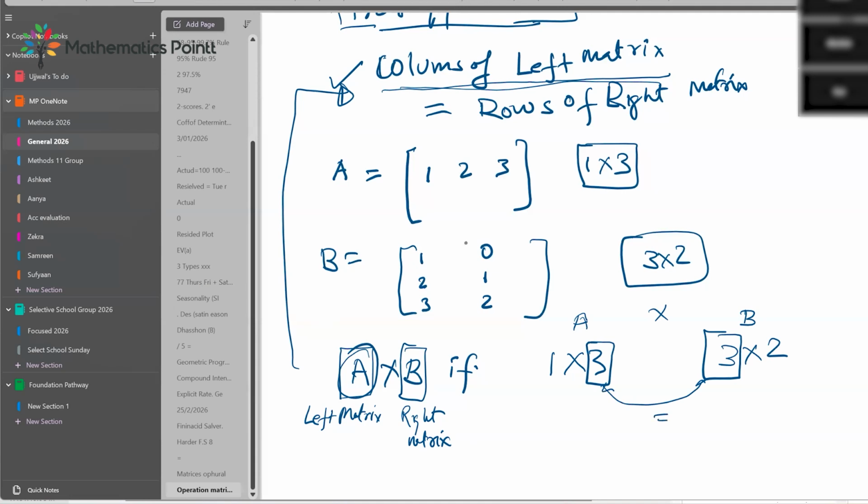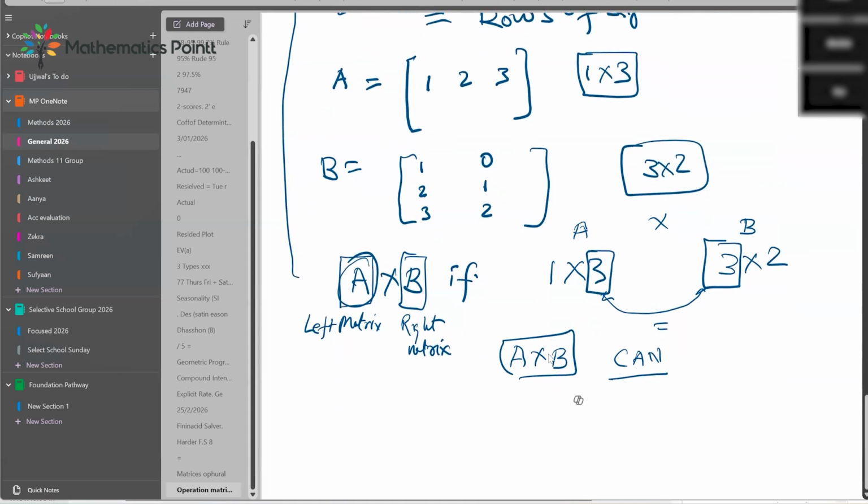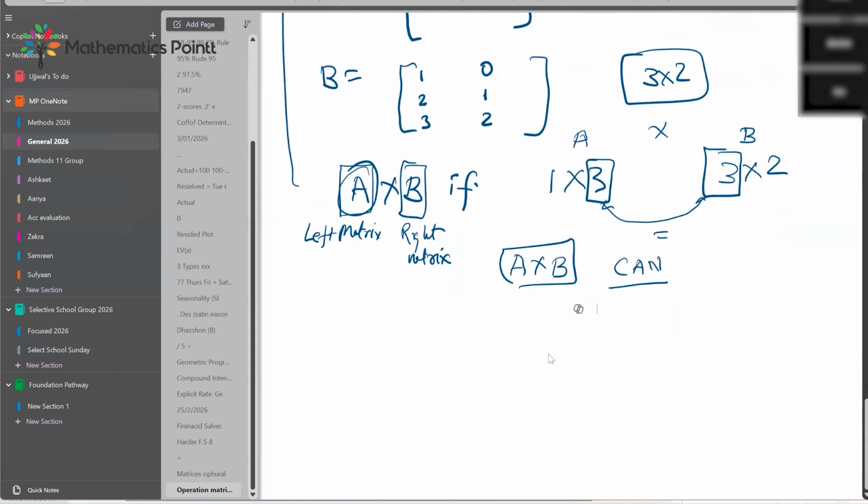That means that yes, I can find the product of A and B. But when we deal with regular arithmetic, 3 multiplied by 2 is 6, and obviously 2 multiplied by 3 is also 6.